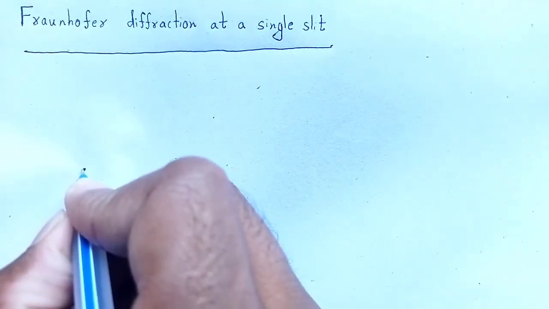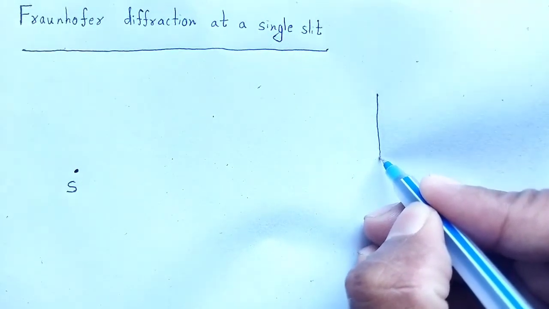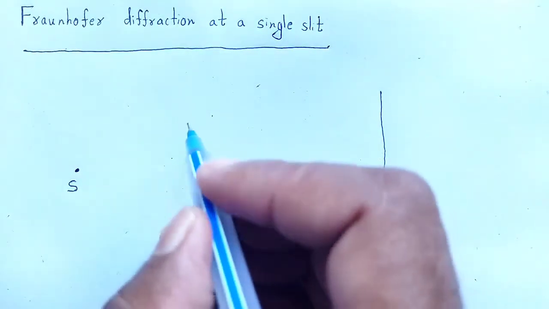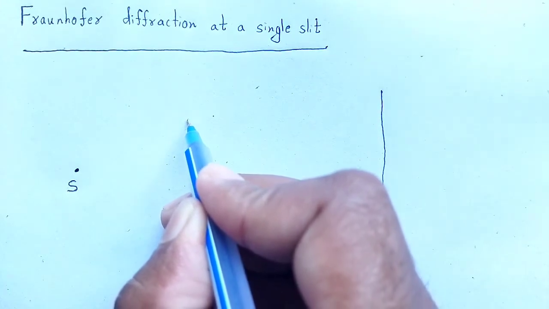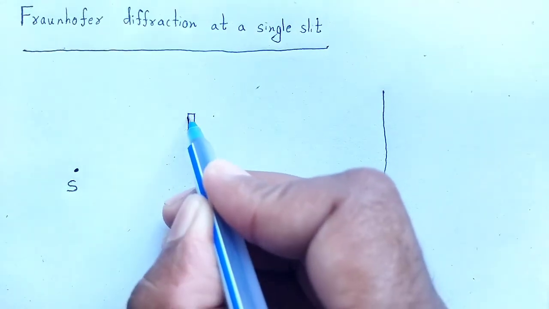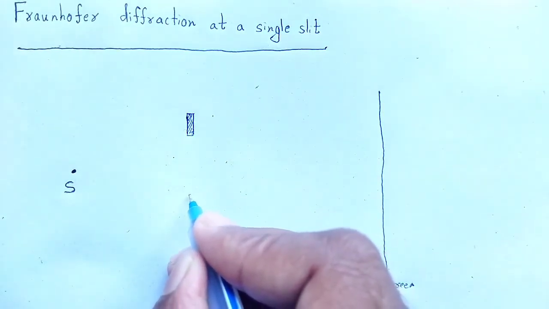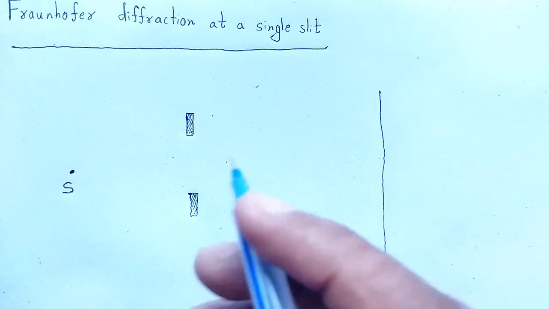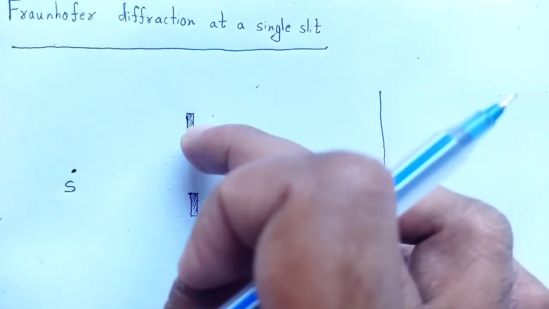Here is the source, there will be the screen, this one is the obstacle.